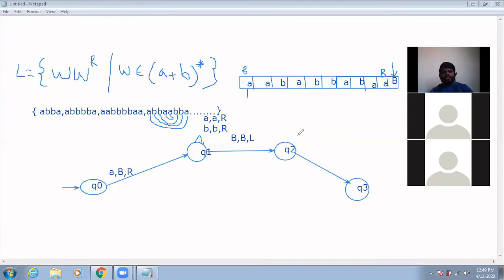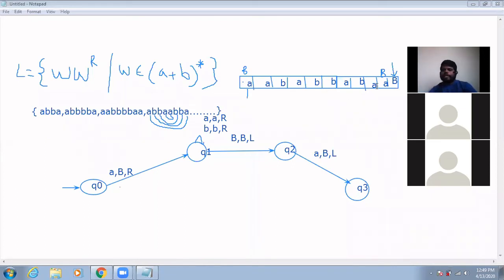While moving left hand side, immediately you encounter a blank. So from Q2, A you make a blank, and you move left hand side direction.